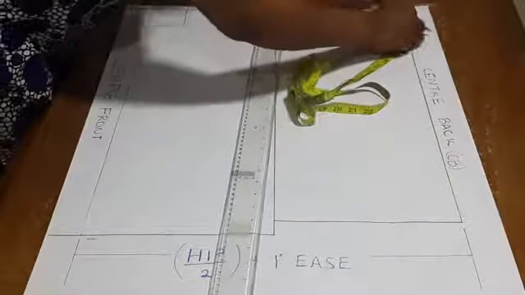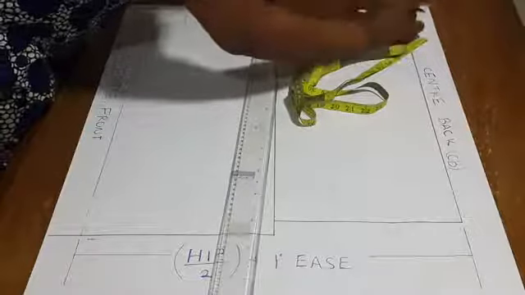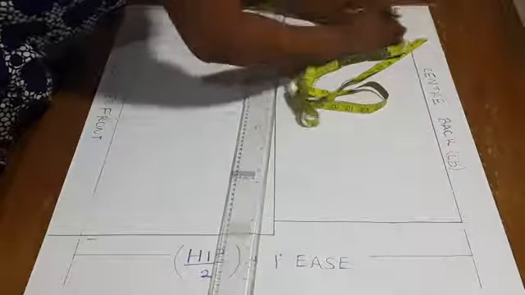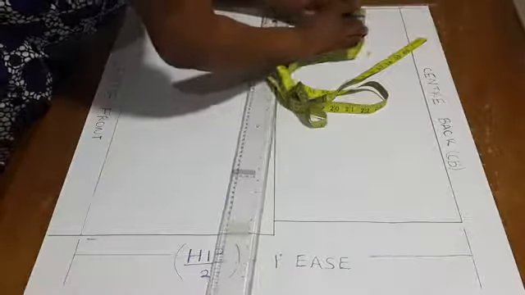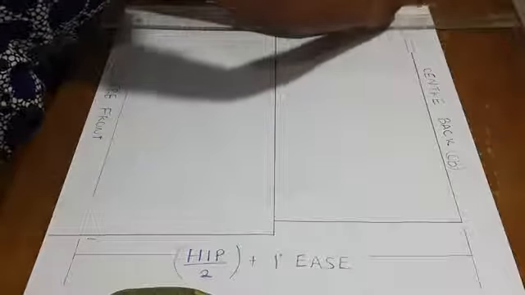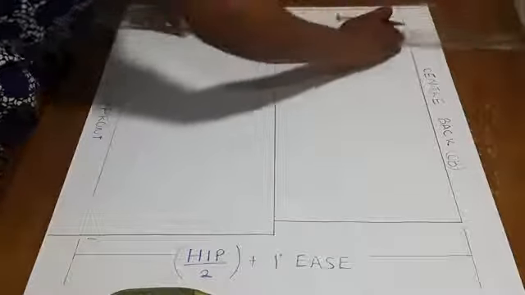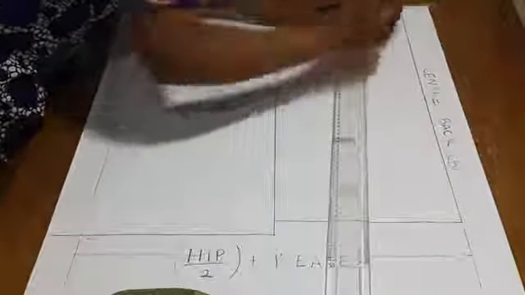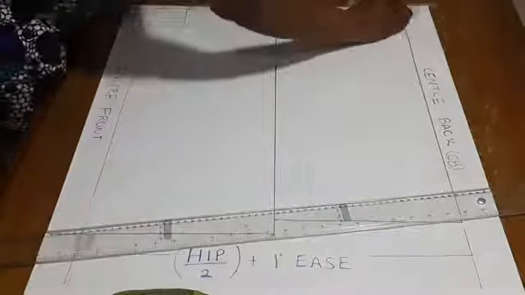Now we go down along the center back line by 1 inch. That is the depth that we will use to form our back neck. Then we bring our curve ruler and connect the neck point to the center back line on a curve.